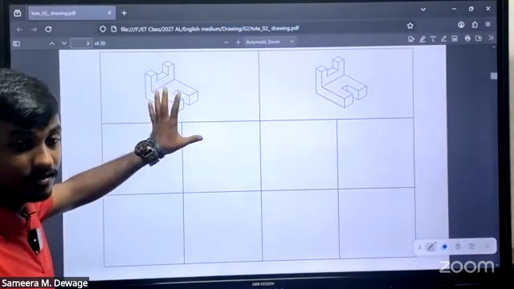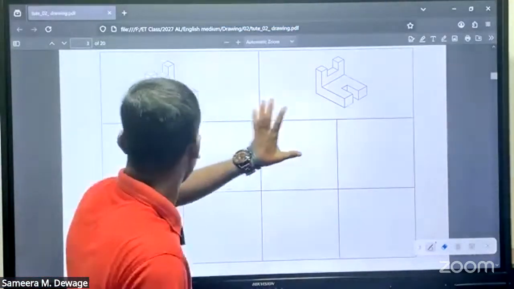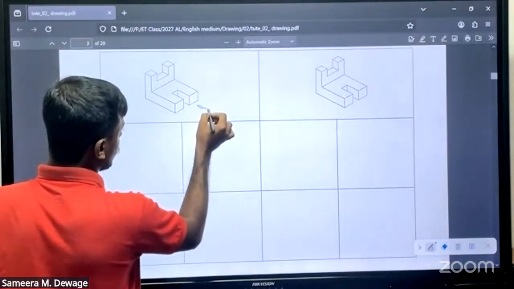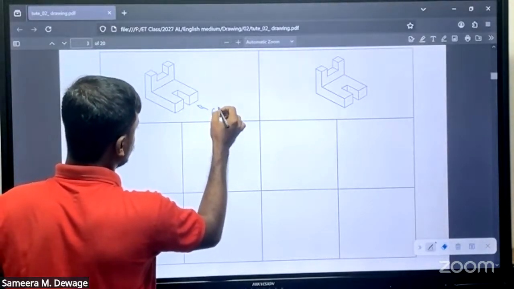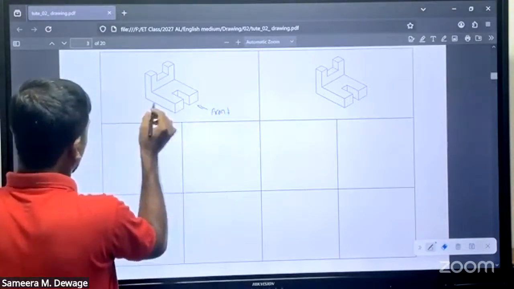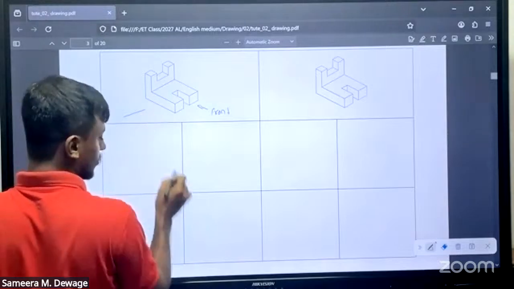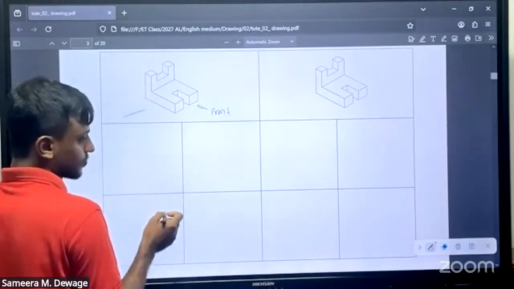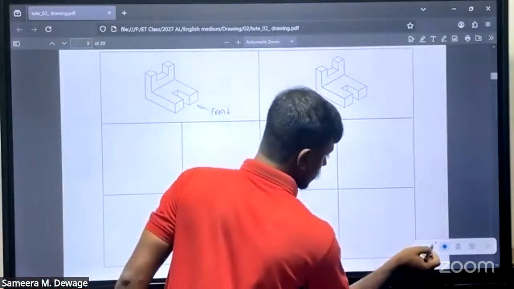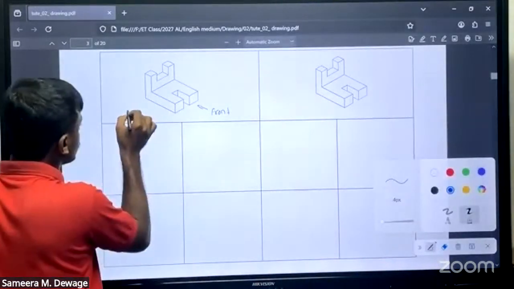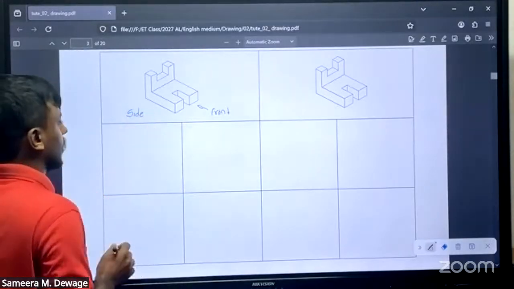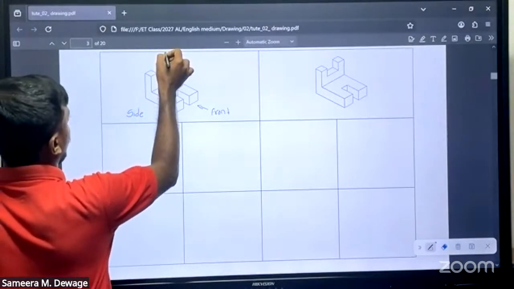So there is another example. So here, please take this object. Front is here. This is your front and this is your side. Here side and here plan.